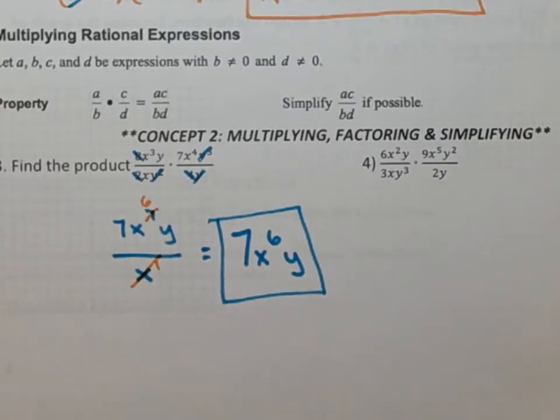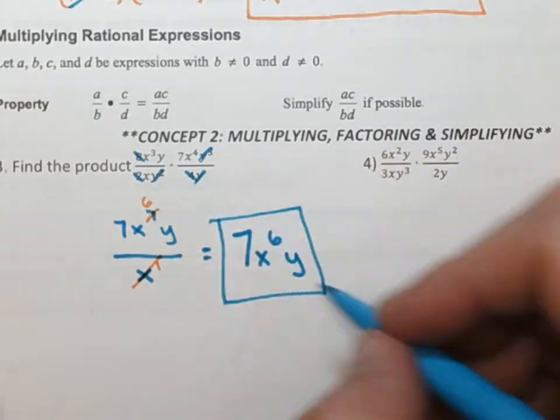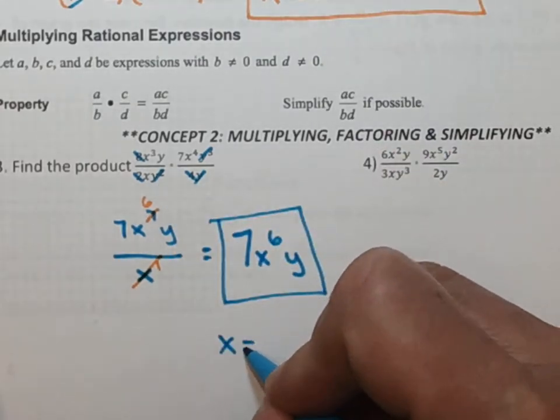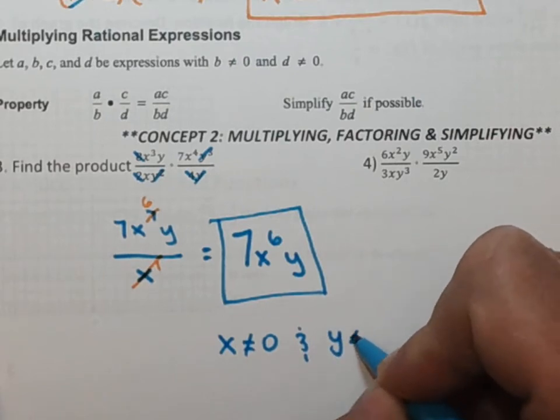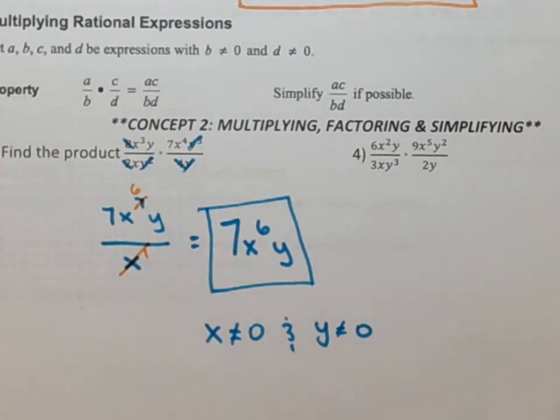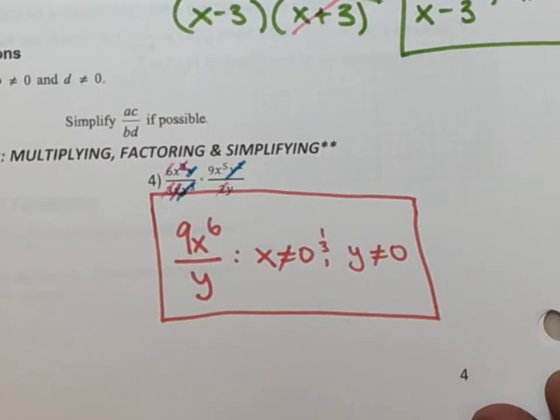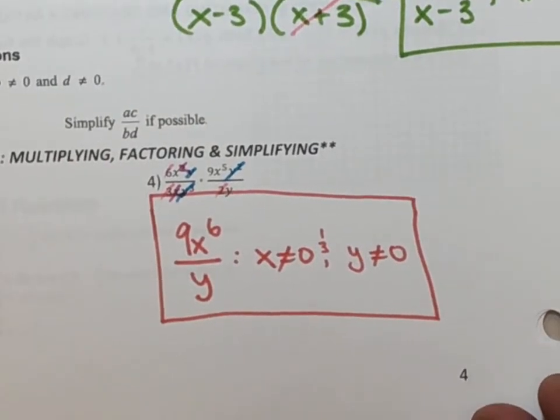Hope you got that. Oh, I forgot to state what's excluded there. Sorry. We have x and y in our denominator, so x cannot be 0, and also y cannot be 0. Forgot about that part. Alrighty. Flip.